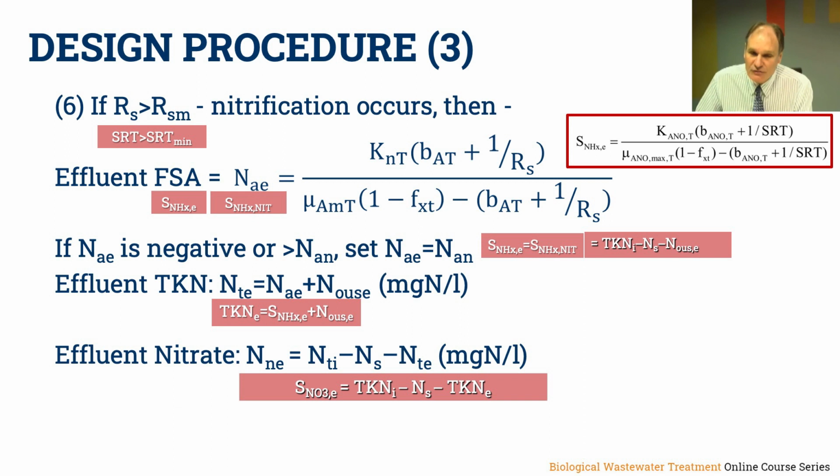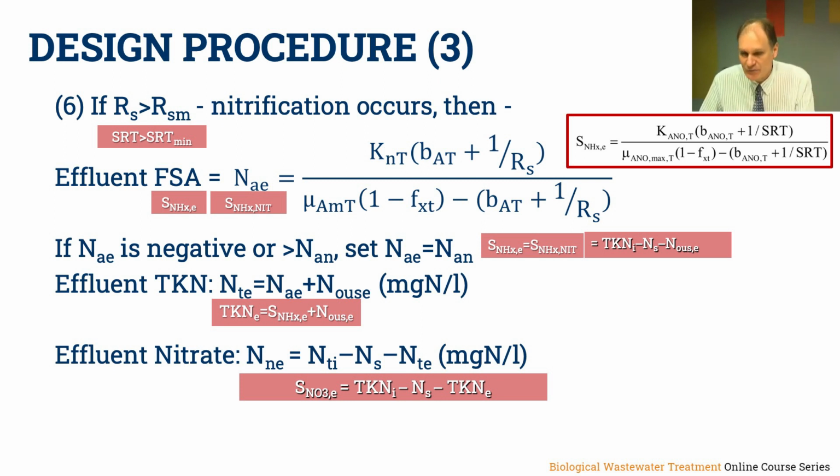Add the endogenous respiration rate to that, then this term can be larger than that term, in which case the equation is negative. It is, of course, impossible. When that is the case, we must set the effluent ammonia concentration equal to that ammonia concentration available for nitrification for the non-nitrification case.